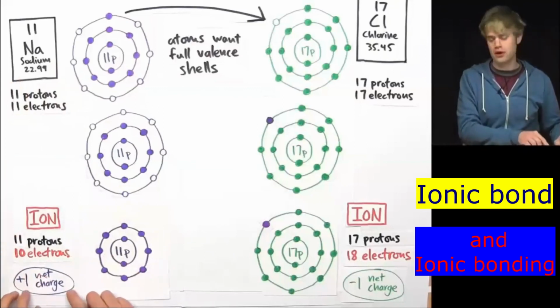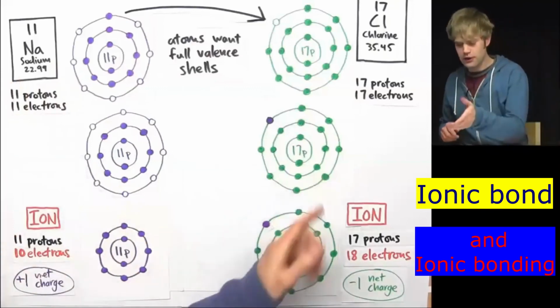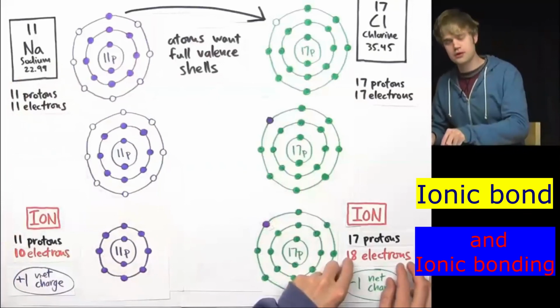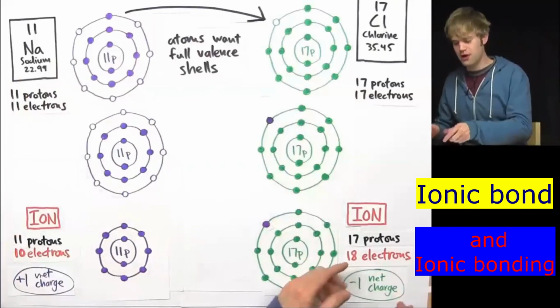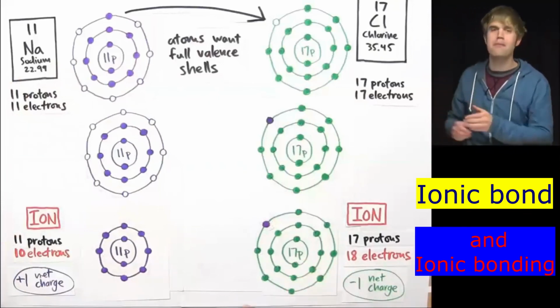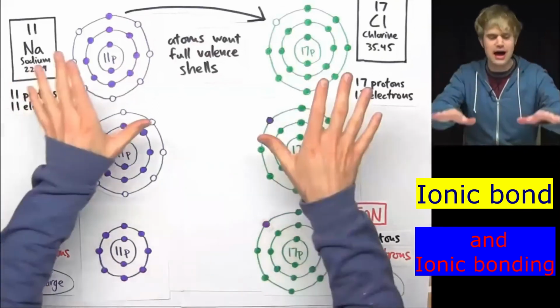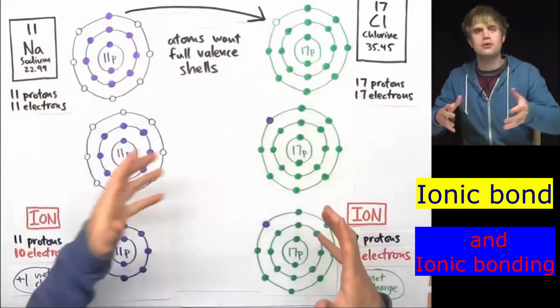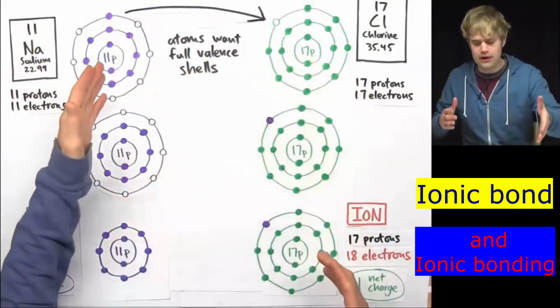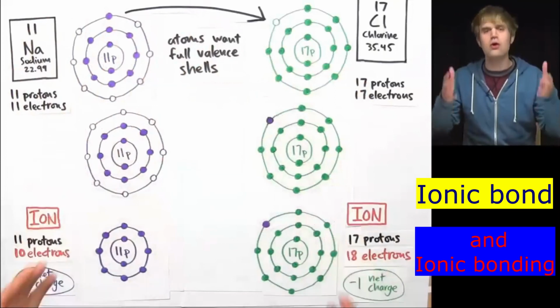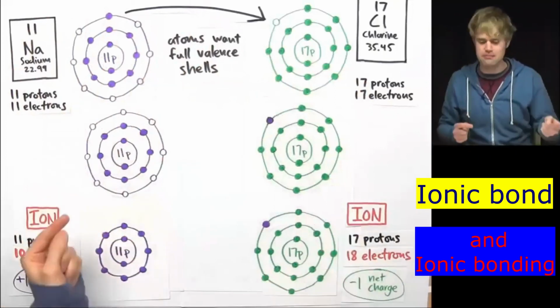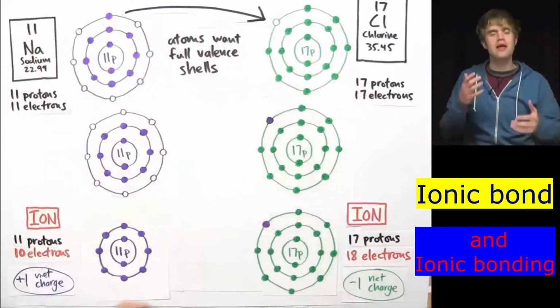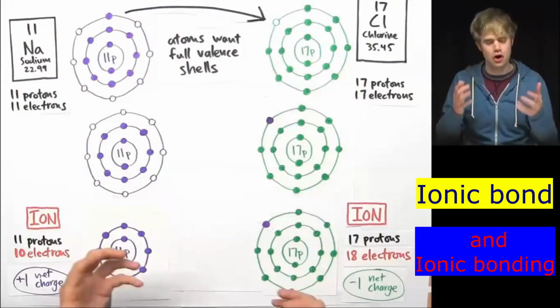So it gets a 1 plus charge. Chlorine got 1 more electron. So it has 1 more electron than proton. So it has a 1 minus charge. So these guys, they trade electrons, or an electron moves from sodium to chlorine, in order for them to get full valence shells. And it's in the process of that happening that they end up getting charges.